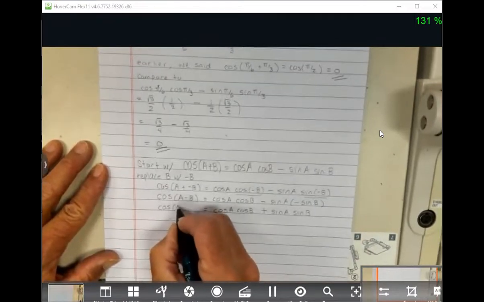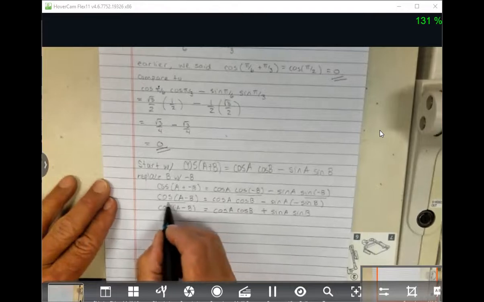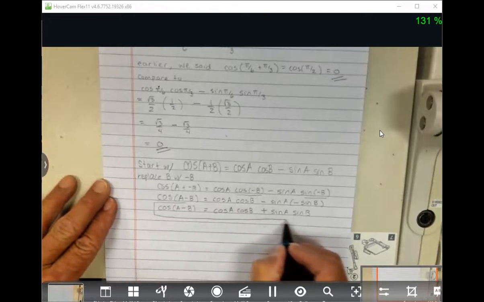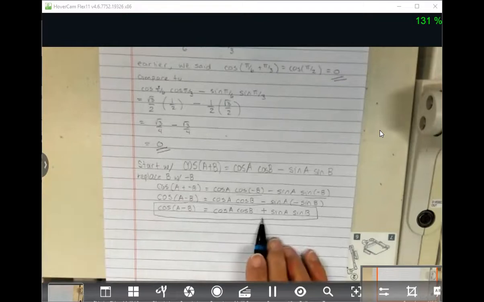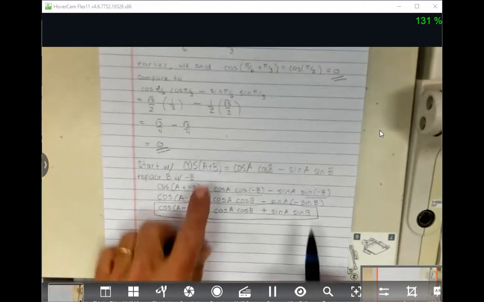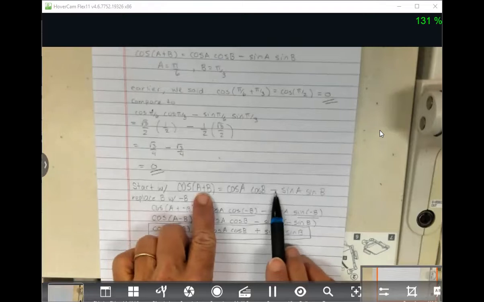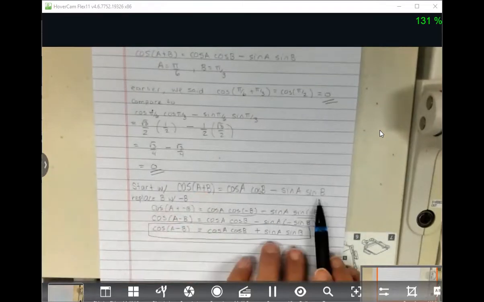It looks just like the sum formula, but it's got a different operation in between the two terms. It's got a plus where that has a minus. And then up here for this one, where I have a plus on one side, I have a minus on the other, but the pairing is the same.